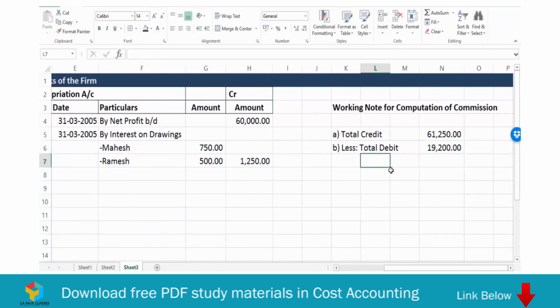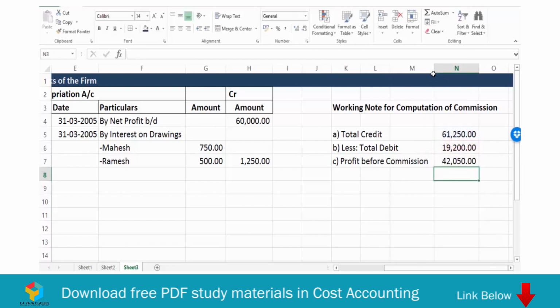Now I can find out profit before commission, basically A minus B. 61,250 minus 19,200 is 42,050. And what is the commission rate? It is 10%. 10% commission on the above. So commission is 42,050 into 10%, and it's 4,205. That's all.